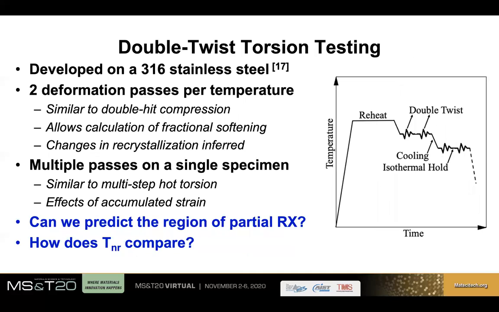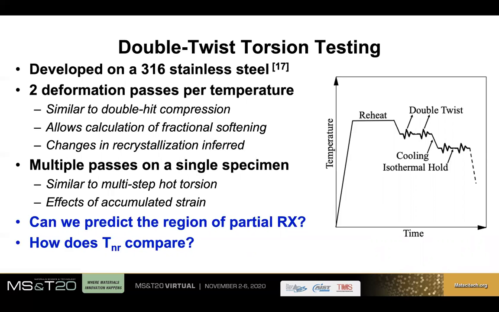So finally, I would like to describe a newly developed double twist torsion testing technique for calculating TNR and assessing recrystallization behavior. So this was originally developed in ASPPRC by me and the fellow co-authors on this work using a 316 stainless steel.